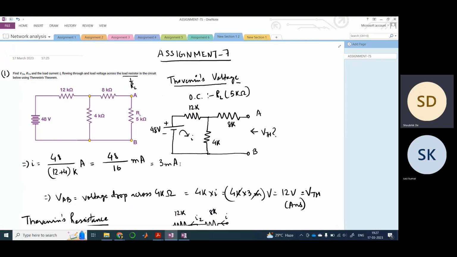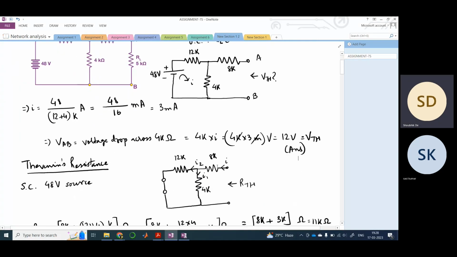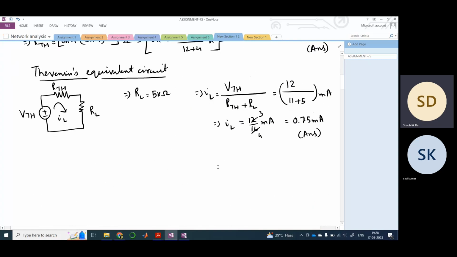If you use nodal analysis or mesh analysis, that is KCL, KVL, the number of equations will keep on increasing, which will make this operation more complex. Therefore, in those scenarios, Thevenin's theorem is really useful. So that is the advantage of Thevenin's theorem. But anyways, this was a simple circuit, and this was how you perform the analysis.